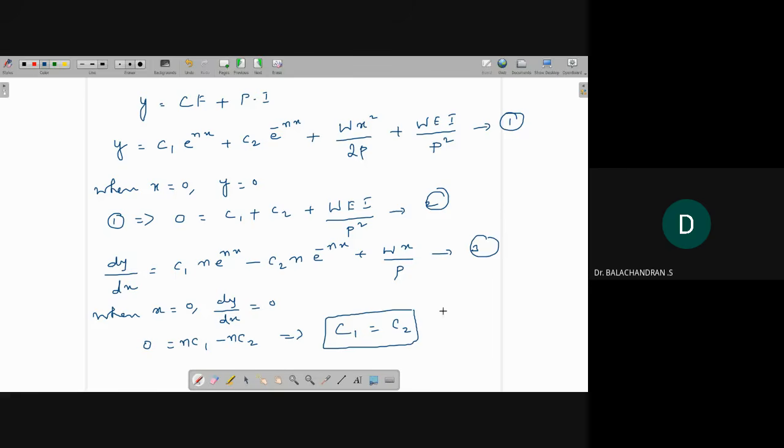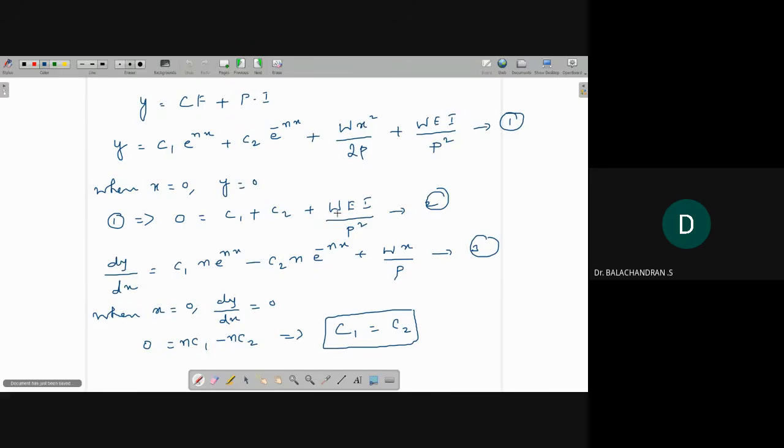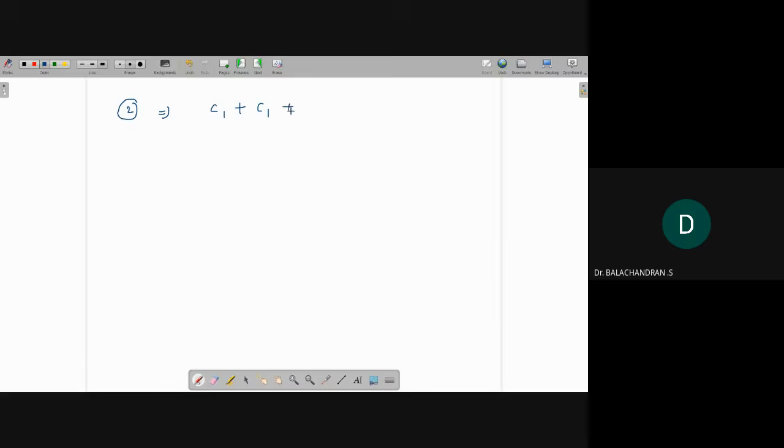Okay. Now, if you substitute C2 equal to C1 in equation 2, equation 2 implies C1 plus C1 plus W EI by P square equal to 0.